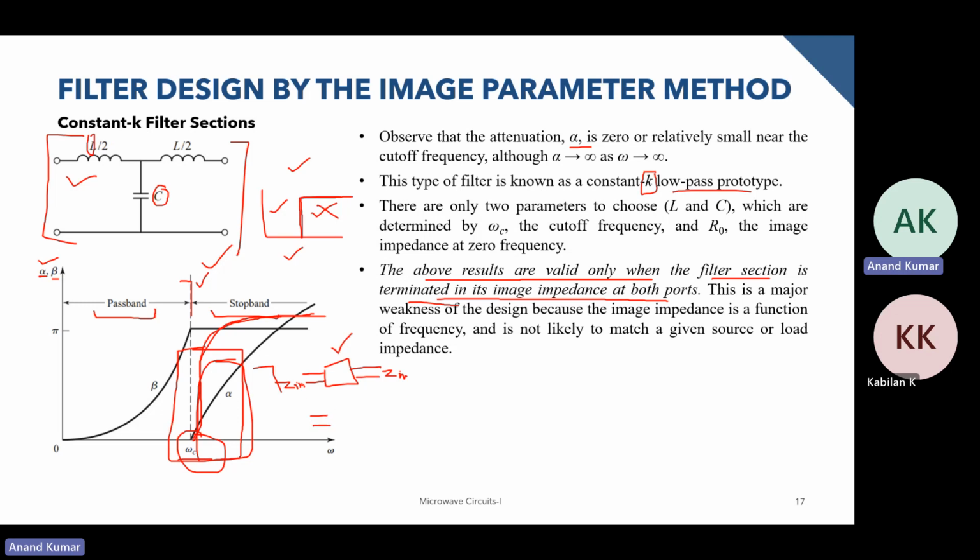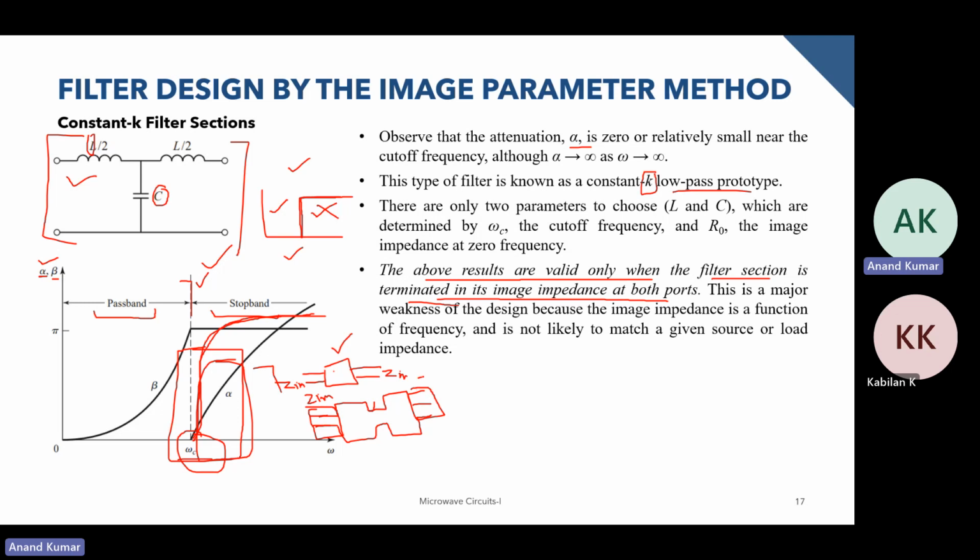Whatever L and C value we want, we might have a patch over here like this, and then a patch over here like this. This is how it will look. It might happen that the thickness of the transmission line over here should be of the image impedance value.